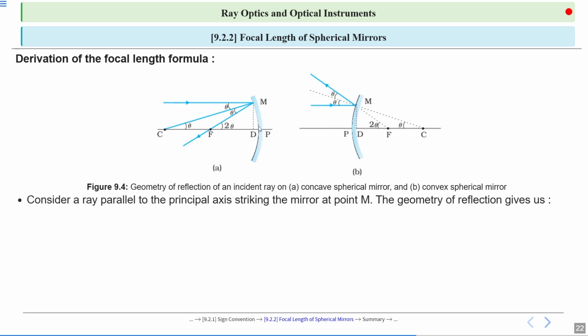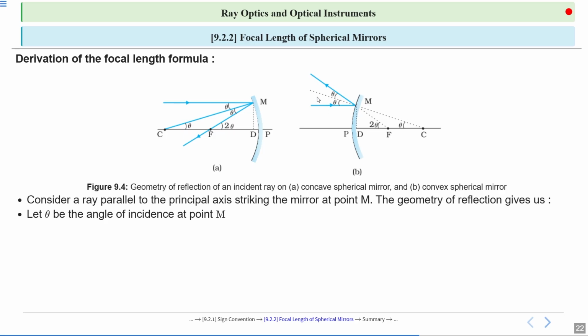So consider a ray parallel to the principal axis striking the mirror at point M. This incident ray is striking both mirrors at M. The geometry of reflection gives us: let theta be the angle of incidence. This is the normal, this is the incident ray, so this is the angle of incidence.